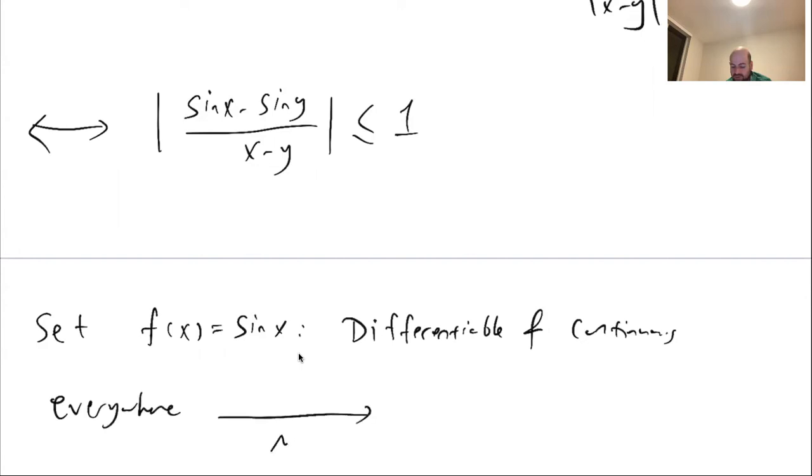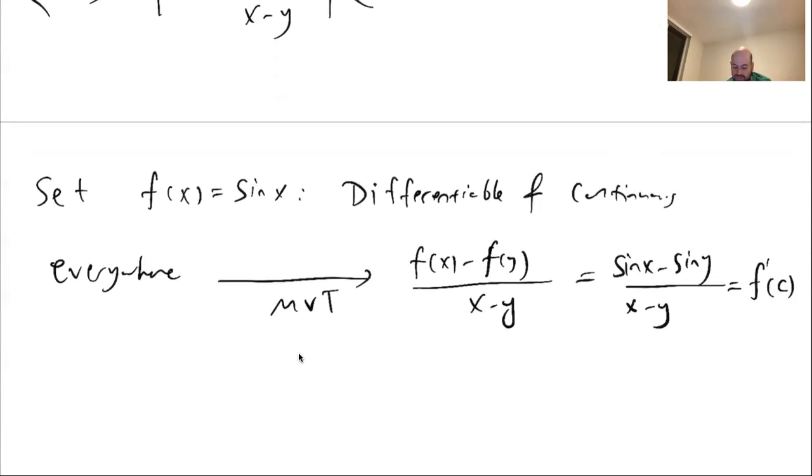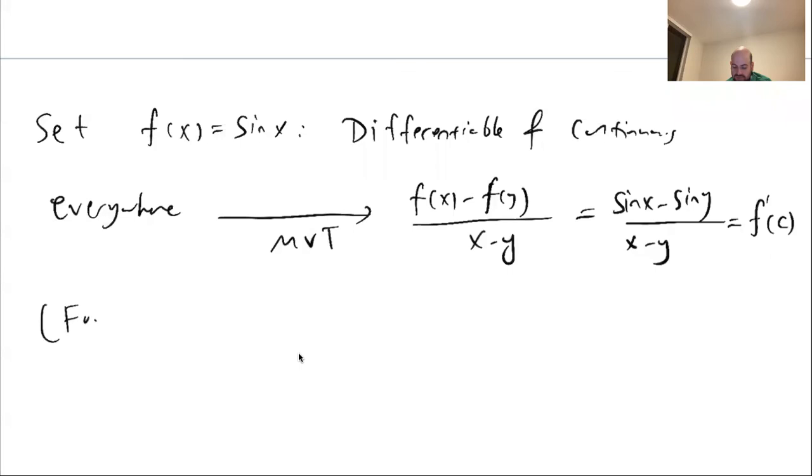So by MVT, we can say that f of x minus f of y over x minus y, which equals sine x minus sine y over x minus y, equals f prime of c for some c between x and y.